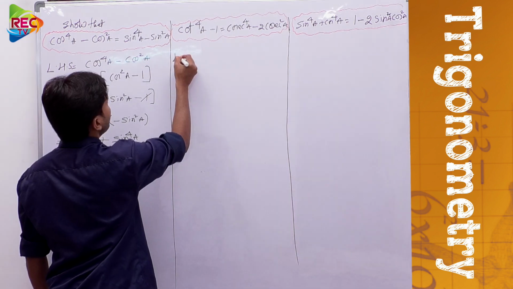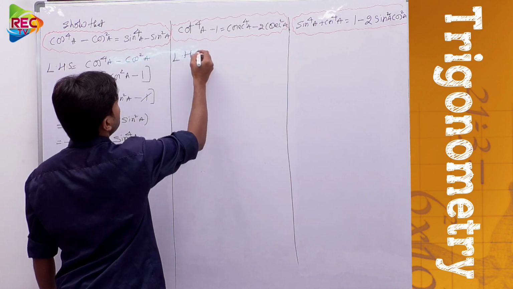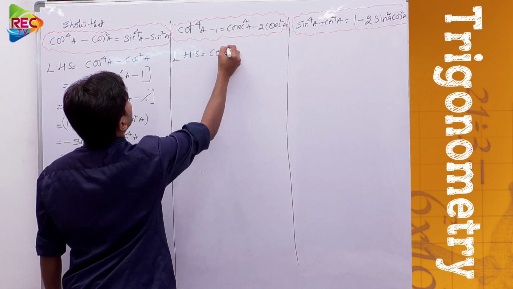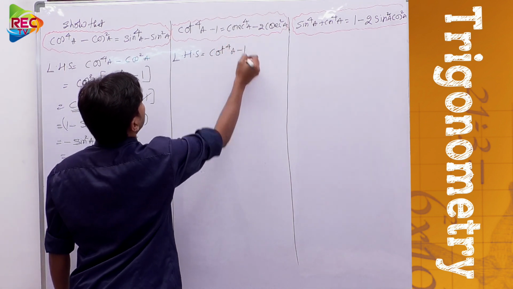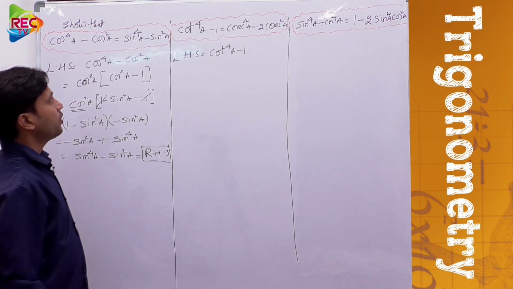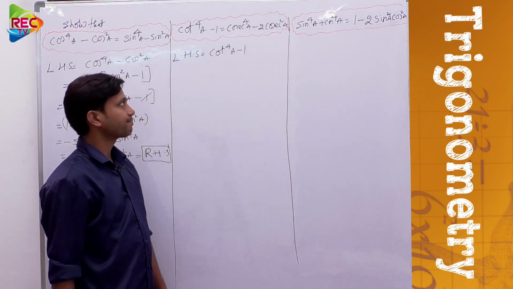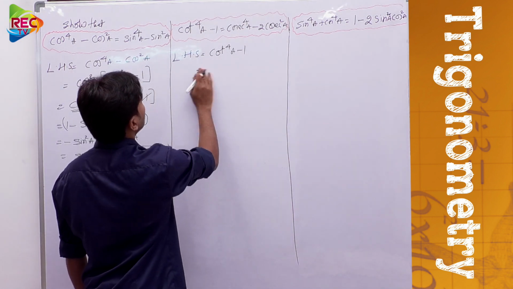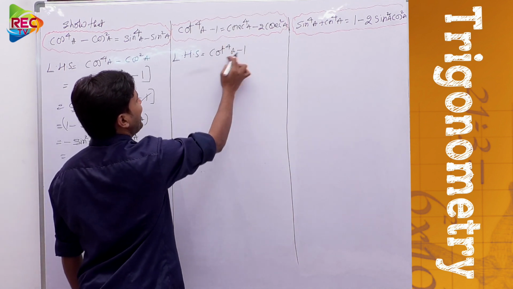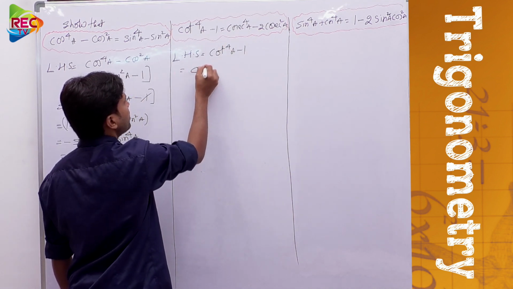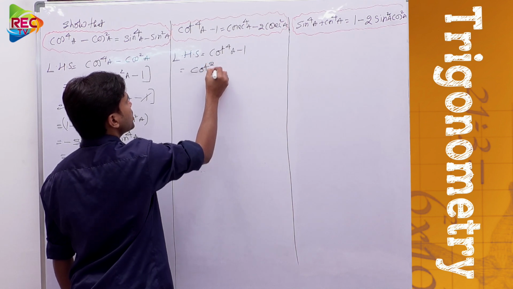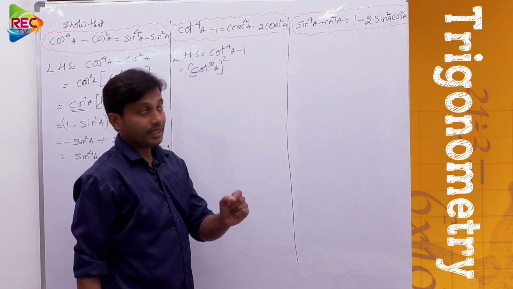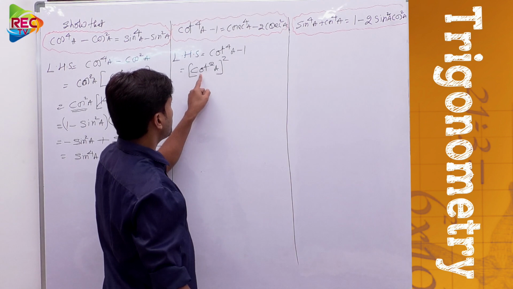Now let us take the LHS. What is the LHS? Cot power 4a minus 1. Cot power 4a minus 1 can be written as what? So just see. Write this cot power 4a as cot square a whole square, or not?